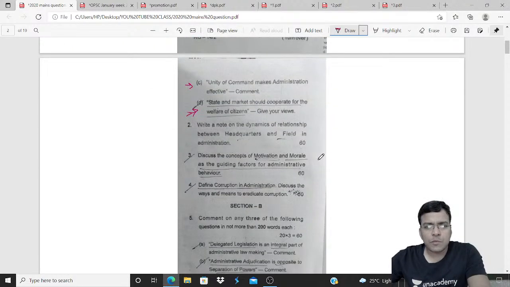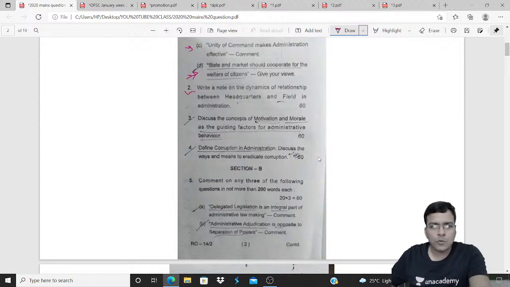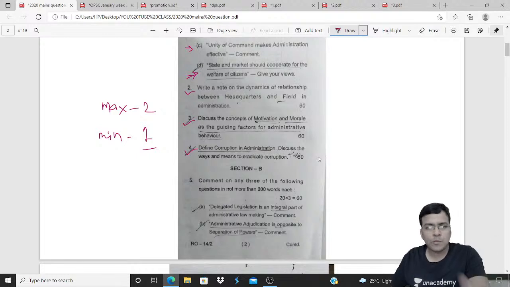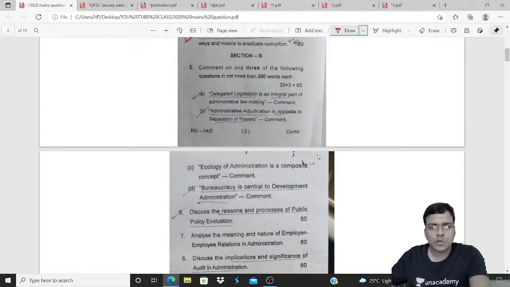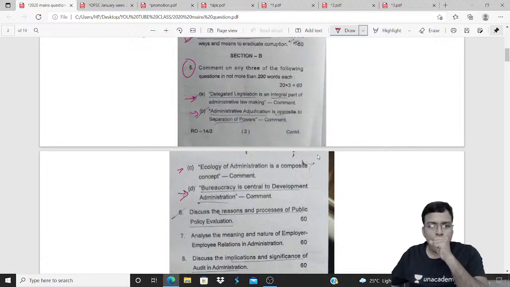After that, among question number 2, 3 and 4, maximum you can write 2, minimum you write 1. Next, section B, question number 5, you get 4 short questions, and out of the 4 you have to write 3.